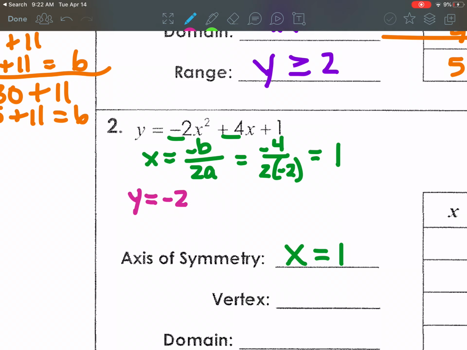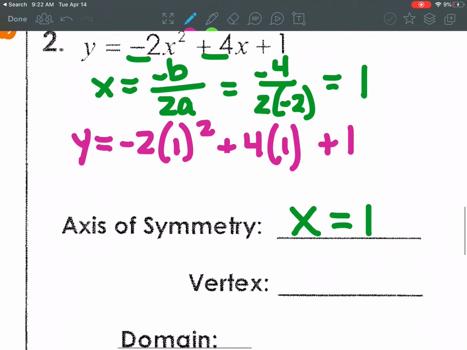So y equals negative 2 times 1 squared plus 4 times 1 plus 1. Be careful if there is an a value. Make sure you do order of operations. So 1 squared first is 1, then times negative 2, plus 4 plus 1. Negative 2 plus 4 is 2. 2 plus 1. So y is 3.